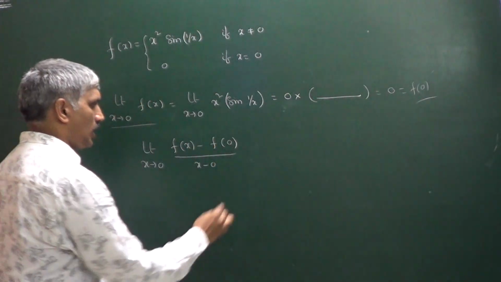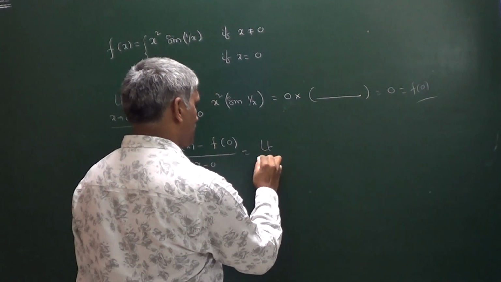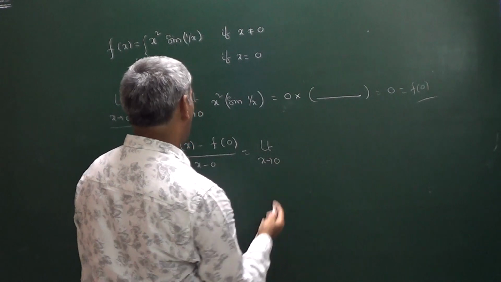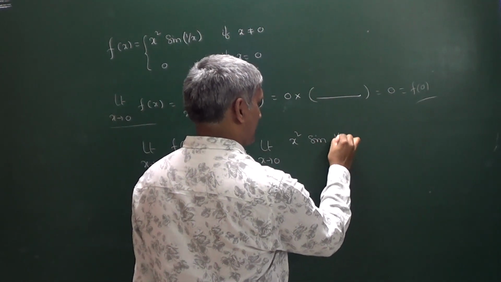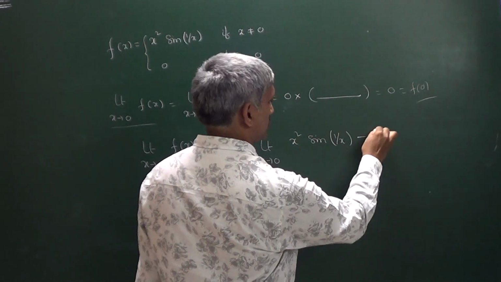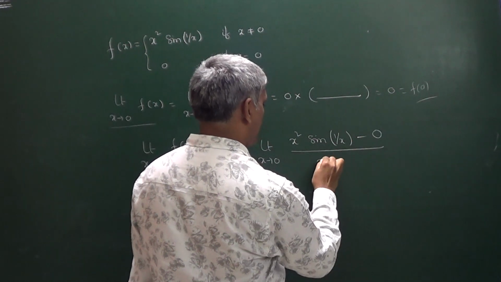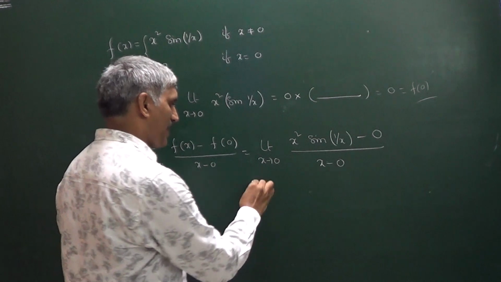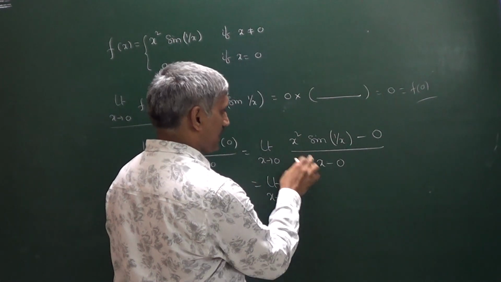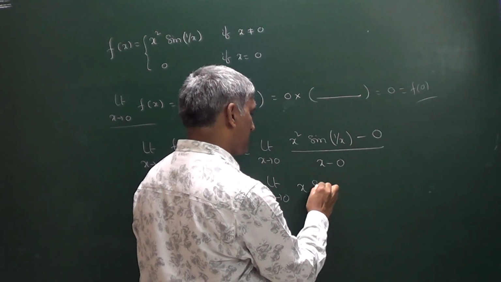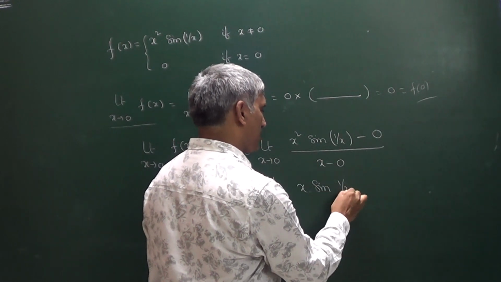Yes or no? Now this is equal to limit x tends to 0, f of x is equal to x square into sin 1 by x minus 0 divided by x minus 0. Now what happened to this one? Limit x tends to 0, x gets cancelled. We are getting x into sin 1 by x.